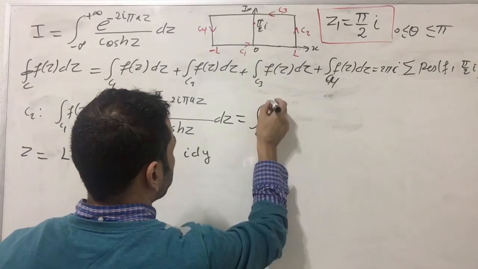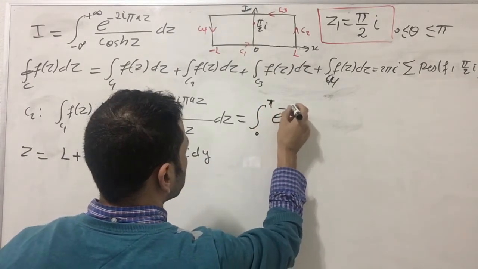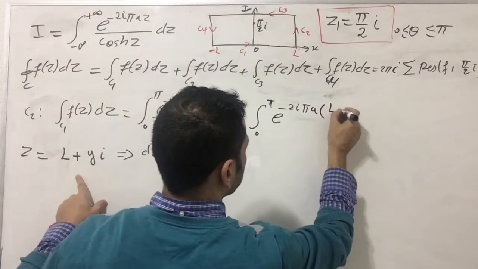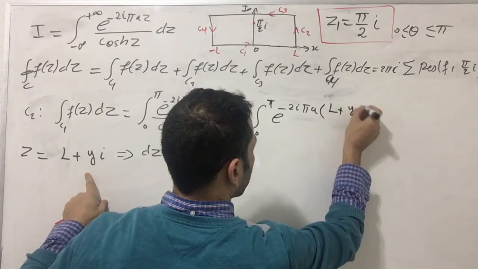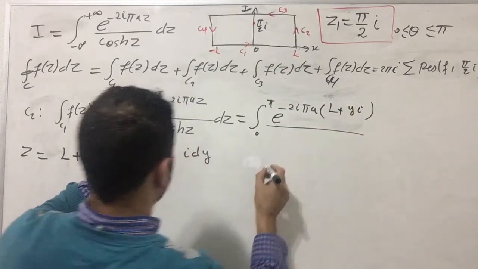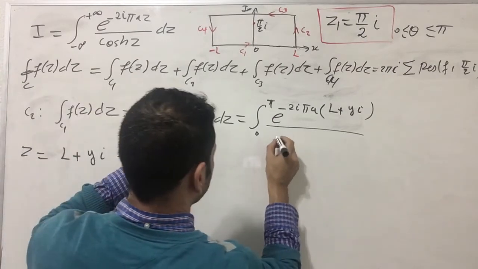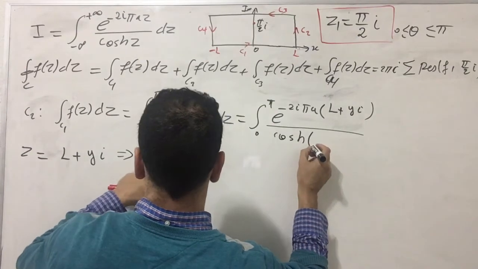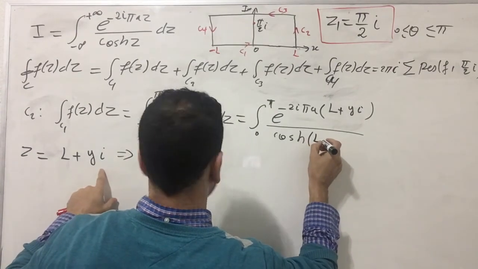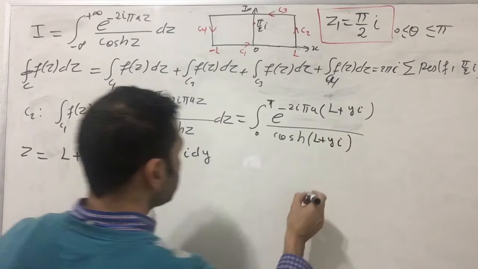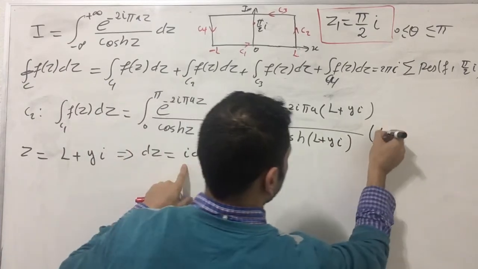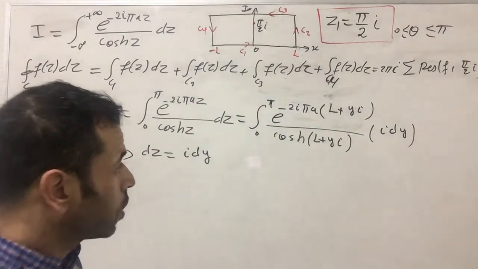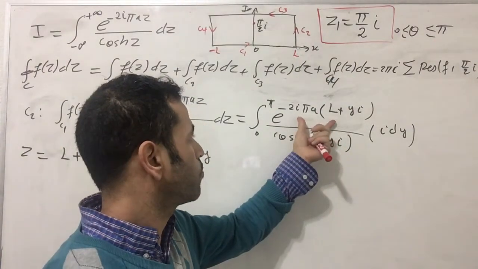So from 0 to pi, we have e to minus 2i pi a z, with z equal to L plus yi, over cosine hyperbolic function of this L plus yi, i dy. Okay, what I'm going to do now, I'm going to separate this product.